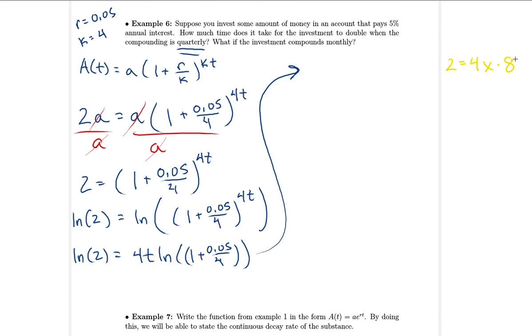So if that was the problem I gave you, you'd kind of look at it like, what? This is just a strange looking problem. But I think what you would ultimately come to is you'd say, well, okay, 4 times 8, I can simplify that, and you would say, all right, 2 equals 32x, and then you just divide by 32, right? Okay, and now that would be the logical way to go about it.